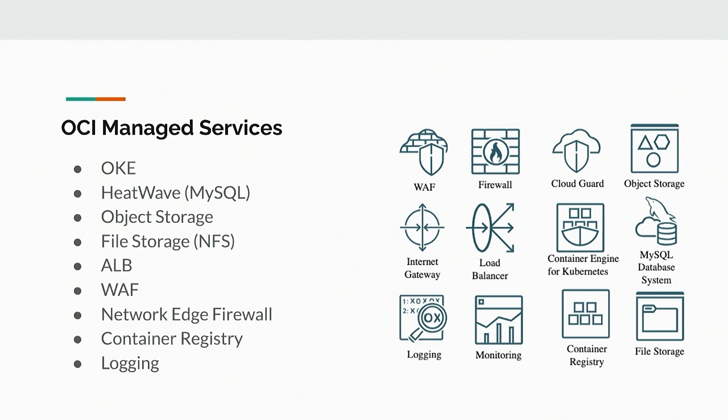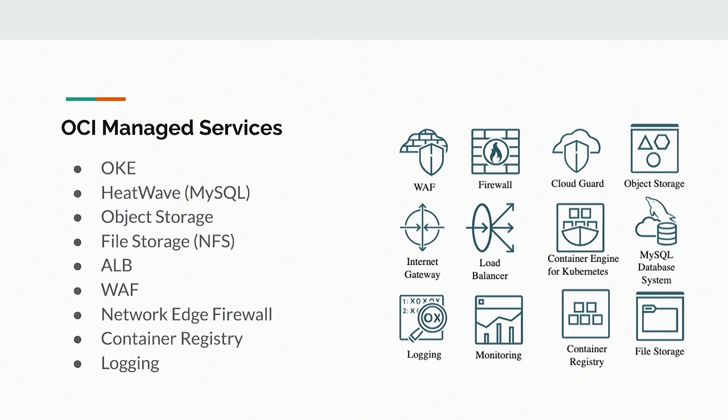Object storage is just like S3 in AWS, and it is for storage of content and videos and that kind of stuff. Then we used file storage. It's NFS, network file system, and it's just like EFS in AWS.